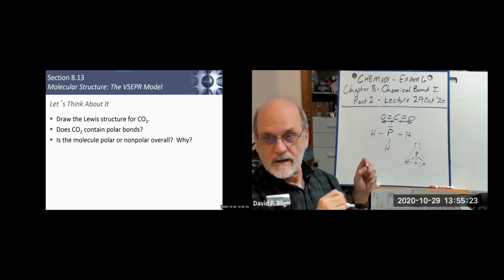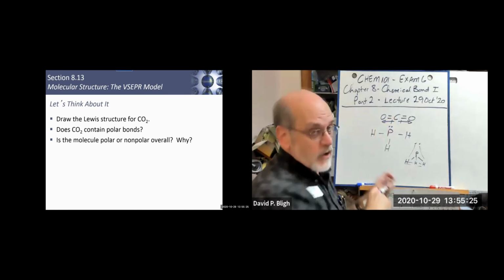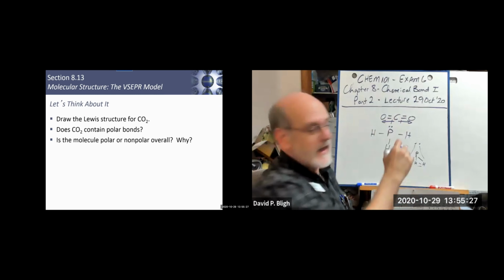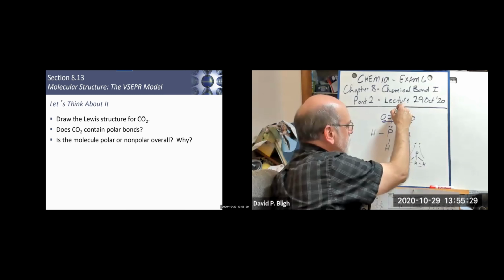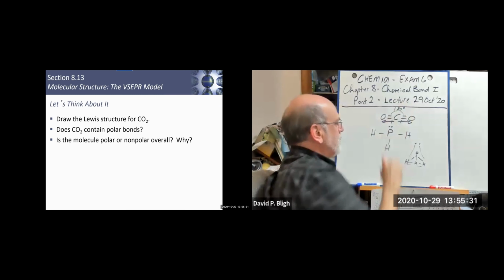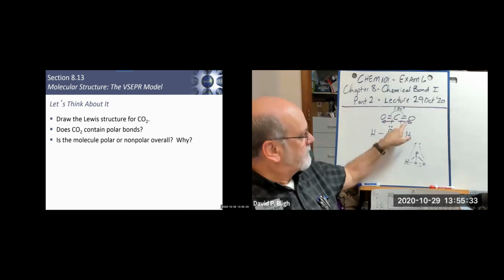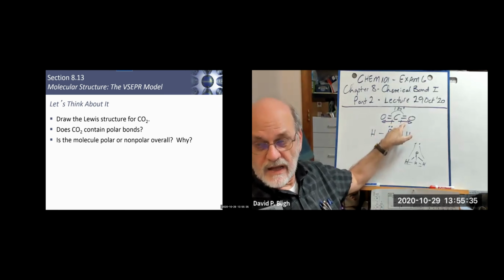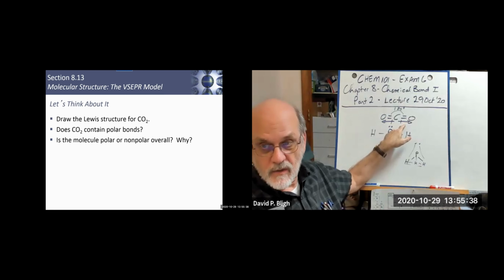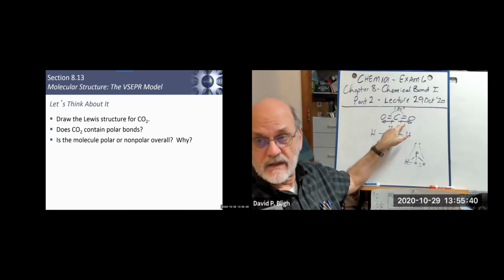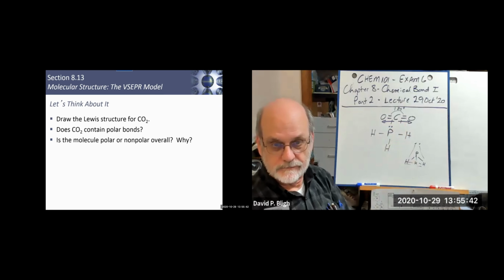Right? But there are no lone pairs. So the bond angle is 180 degrees. That means that these polar bonds cancel one another out. That means carbon dioxide is nonpolar.